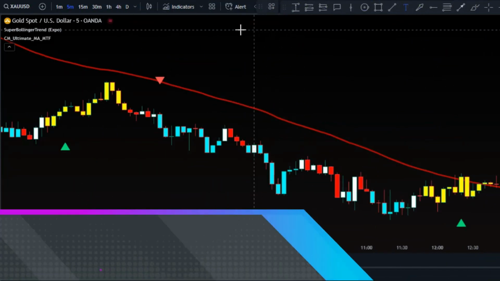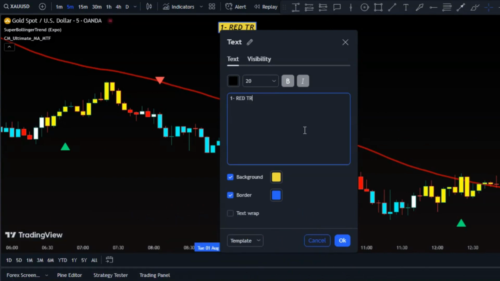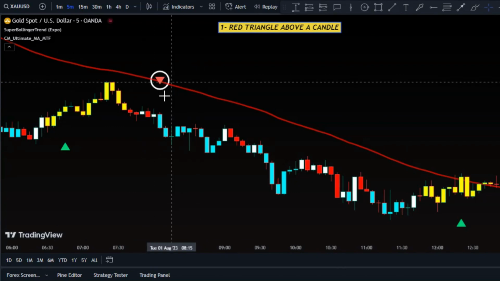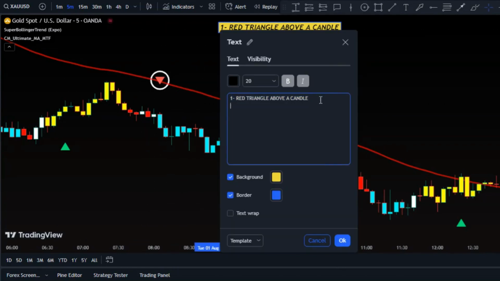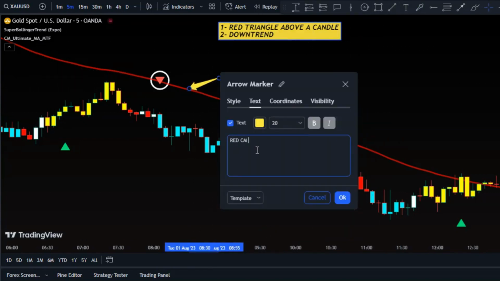Alright traders, here's how you enter a sell trade following this strategy. First things first, you've got to wait for that red sell signal from the Super Bollinger Trend indicator. That's your cue to get short. Next, confirm the downtrend by checking if the CM moving average line is red, showing price action is below it. Two indicators now saying get short.